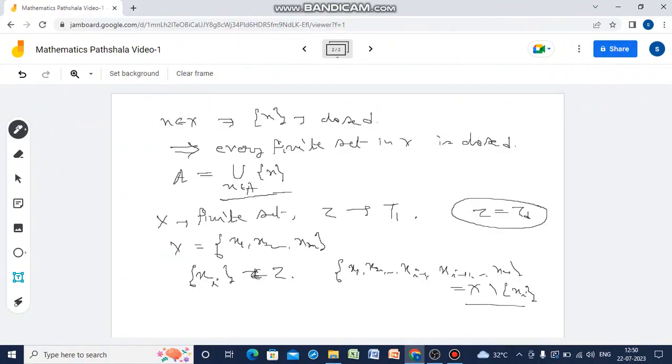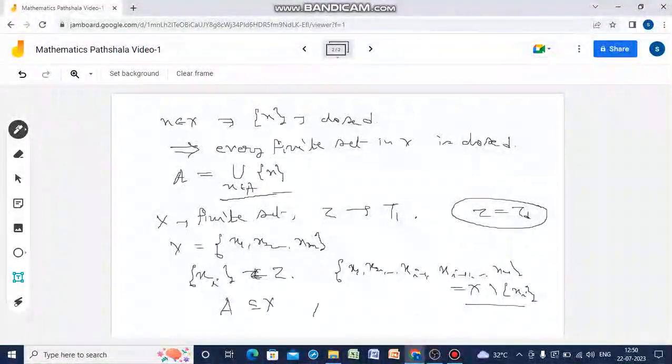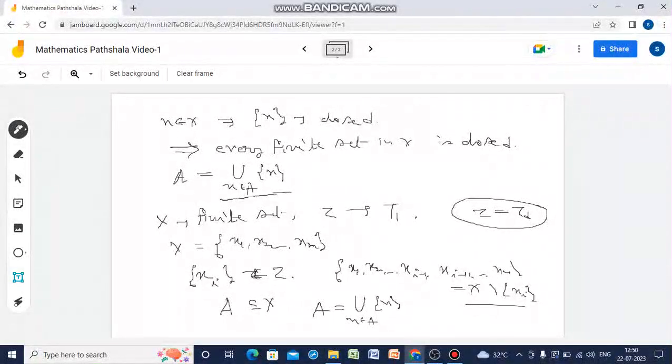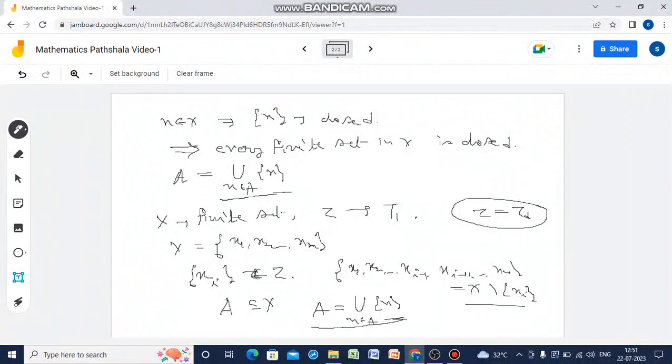And in exactly a similar manner, all the singleton sets of X are open, and hence any subset of X is open, because if we take any subset A of X, then we can express A as a union of singleton members x belongs to A, and also we know that an arbitrary union of open sets is open. So since all these singleton sets are open, A will be open, and we have taken A an arbitrary subset of X. So what we proved is that any subset of X is open.